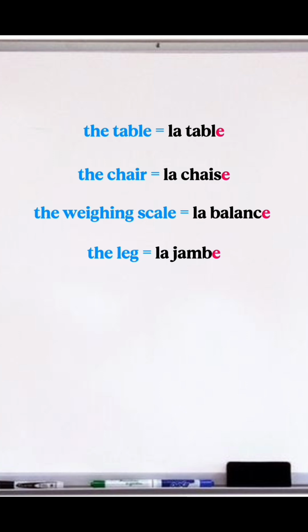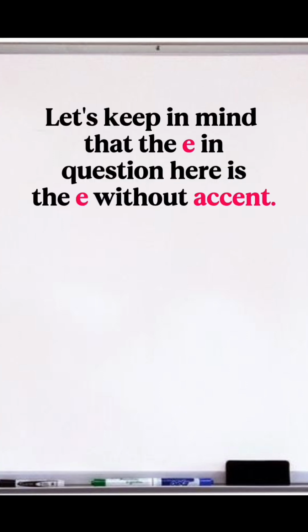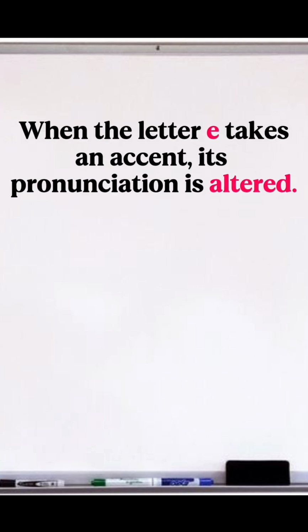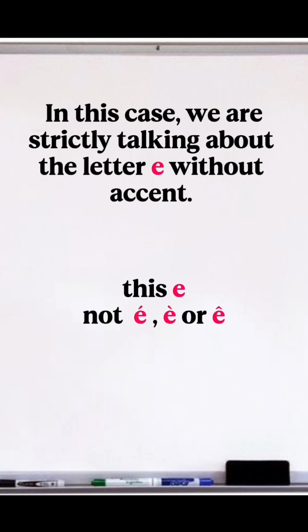That's why they use the article la. Go back and revise the lesson on articles. All right. And mind you, when I say E, I'm talking about the letter E without any accent on it. Because when E takes an accent, its pronunciation changes. So in this case, we are strictly talking about the letter E with no accent on it.